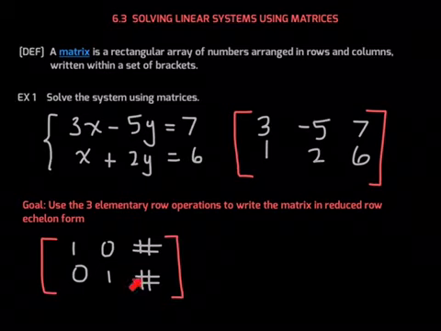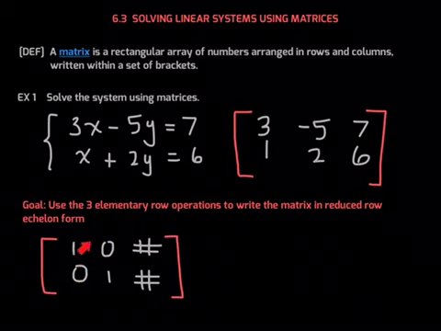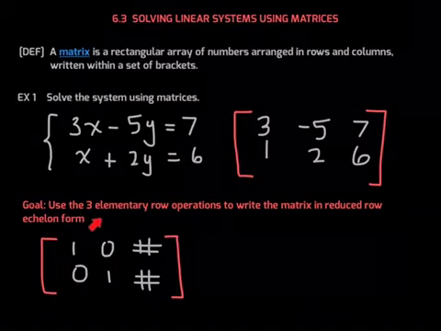Now, how do I get my matrix to go from looking like this to reduced row echelon form? Well, the 3 manipulations you're able to make on your matrix are called elementary row operations. Let me tell you what these 3 operations are.